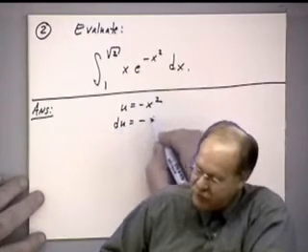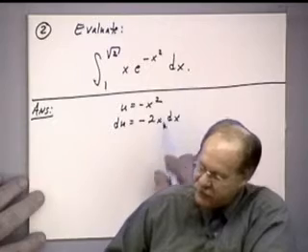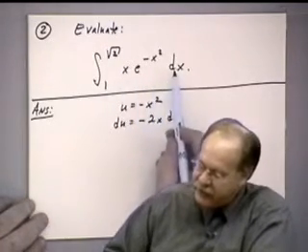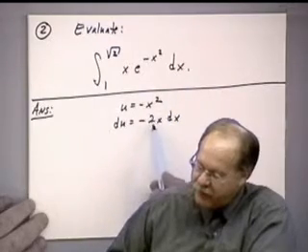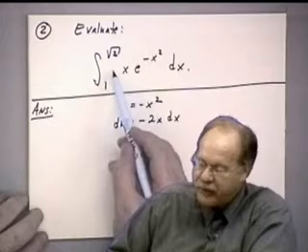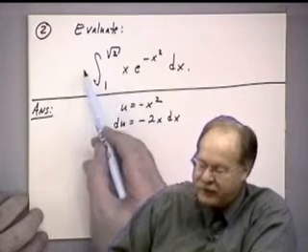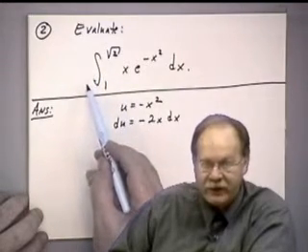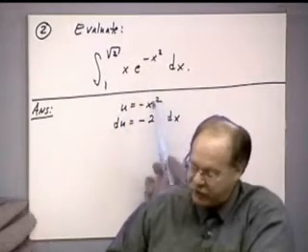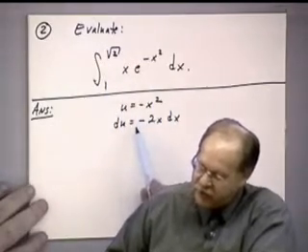Du then would be minus 2x dx. Now let's pause for a moment and see if I have what I need. X dx is here, so I have that part. I don't have the minus 2, but I'm not worried, because you remember, I could imagine writing a minus 2 in here and compensating by having a minus 1/2 out here, because minus 1/2 times minus 2 is 1. That wouldn't change anything. So there's my translation so far.